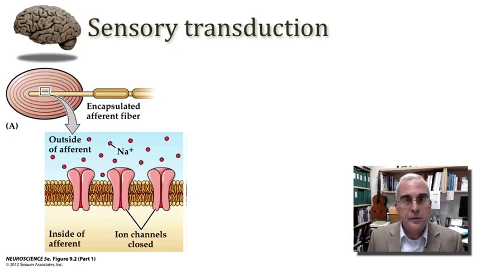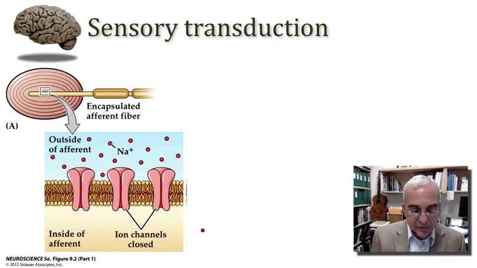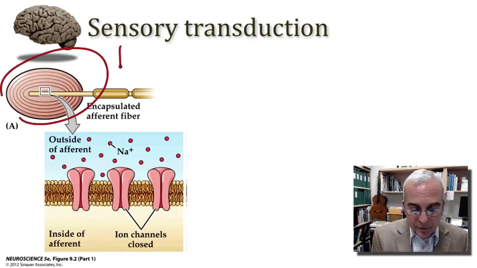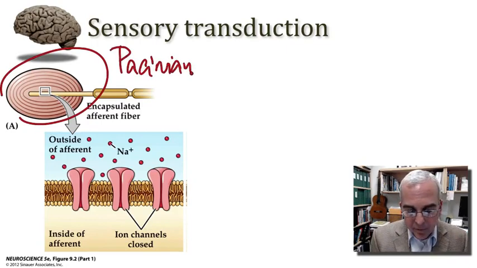Here's how this works for the receptors that are sensitive to mechanical deformation of the body surfaces. Imagine that we have some kind of receptor ending at the end of our first order neuron. This happens to be a beautifully laminated structure called a Pacinian corpuscle.